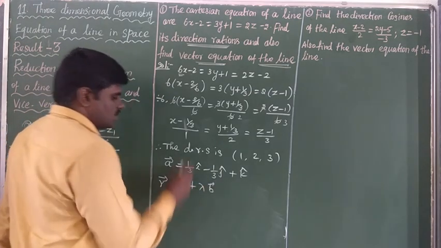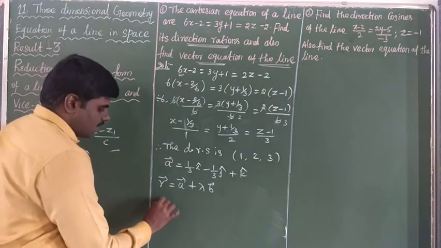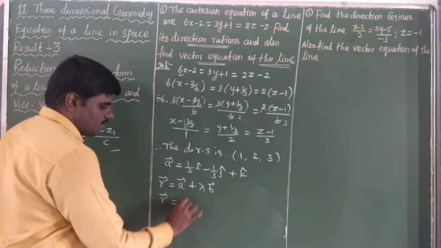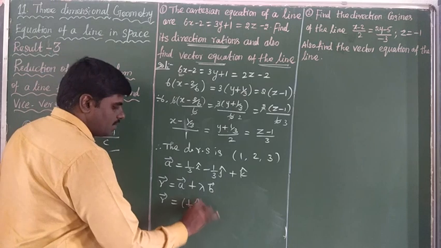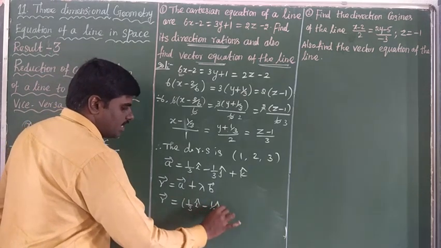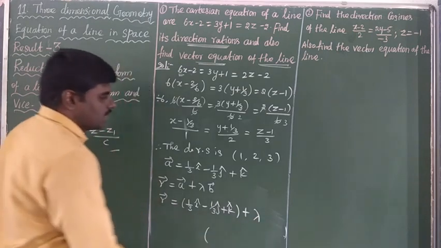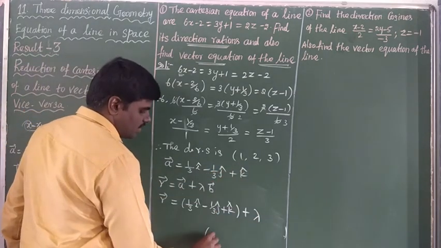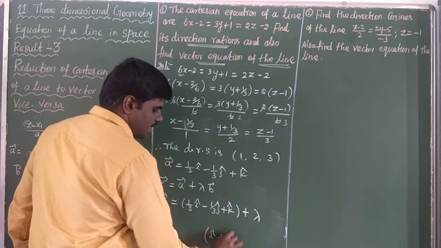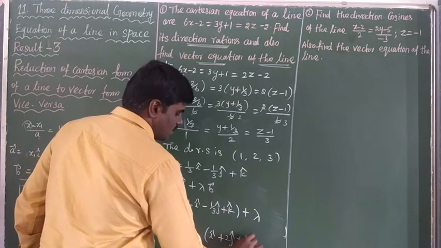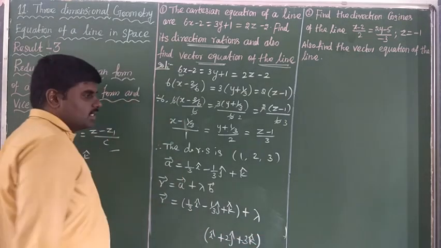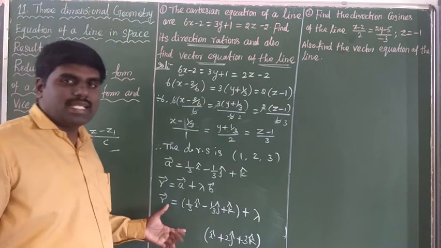So substituting: r vector equals 1 by 3 i cap minus 1 by 3 j cap plus k cap, plus lambda into b vector, the direction ratio, i cap plus 2 j cap plus 3 k cap. This is the equation of the straight line in vector form.